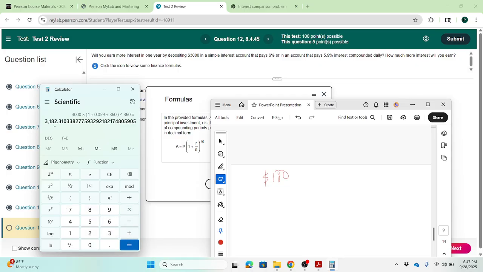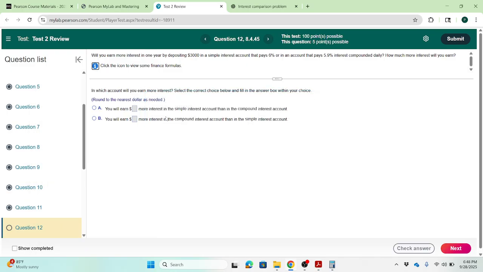This is the amount you are going to receive. If you subtract 3,000, the original money, the difference is your interest, which is 182 bucks 31 cents. So compounded daily makes more money.